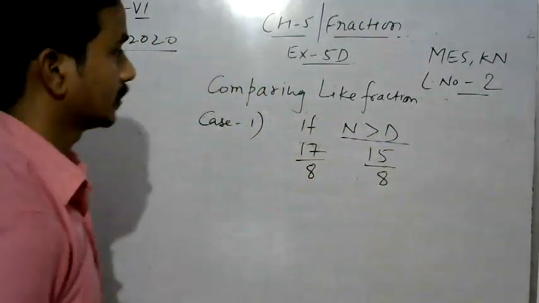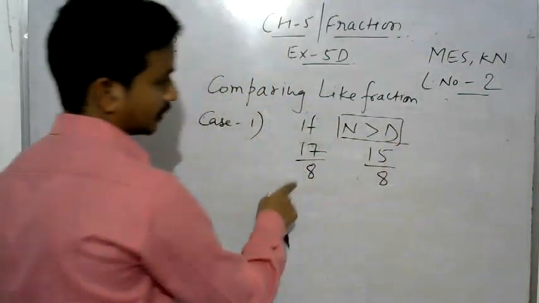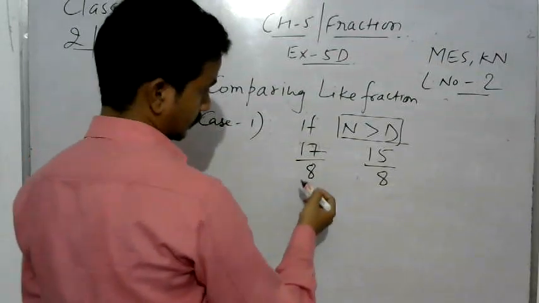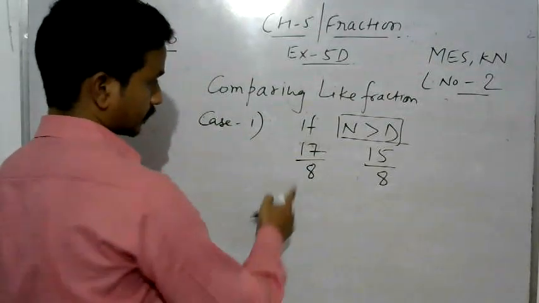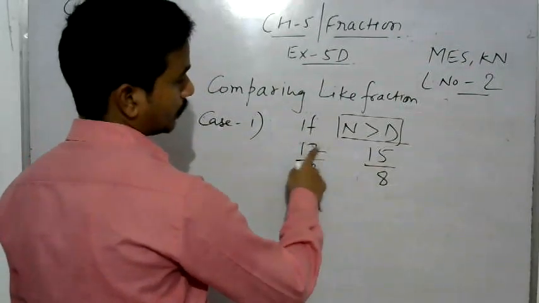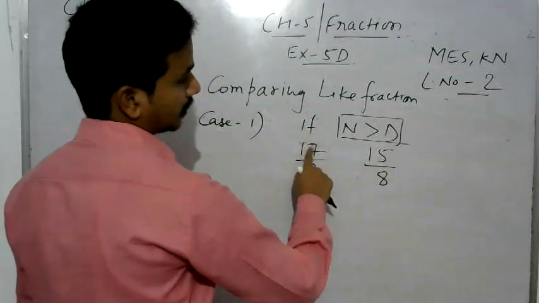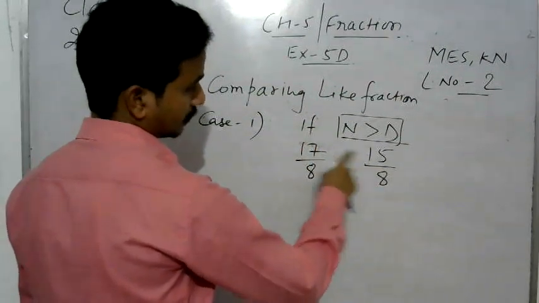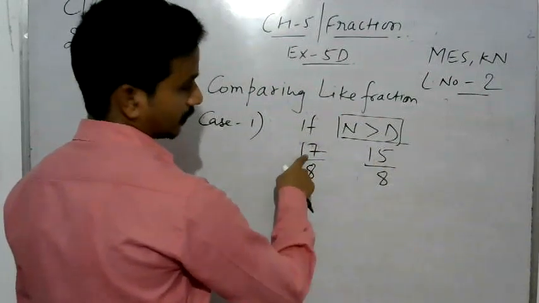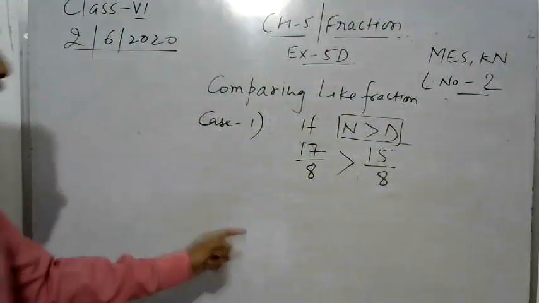Which one is greater? If the numerator is greater than the denominator, then the rule is the fraction whose numerator is greater will be greater. So you just have to compare the numerators. Out of 17 and 15, 17 is greater. So therefore 17 by 8 will be greater than 15 by 8.